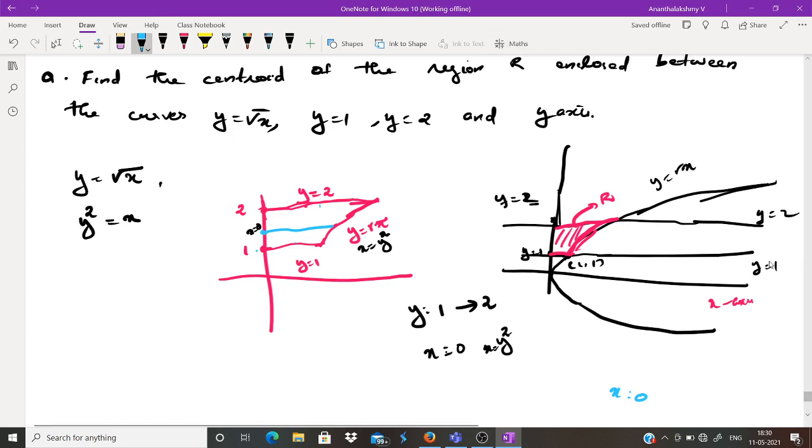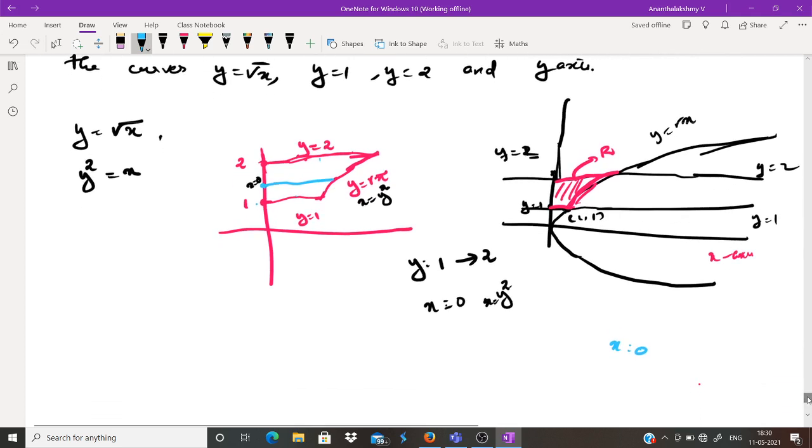So we treat this as a function of y and find this area, to avoid more calculation. If we treat this as a function of y, the problem becomes much simpler. Here we can write x as a function of y.